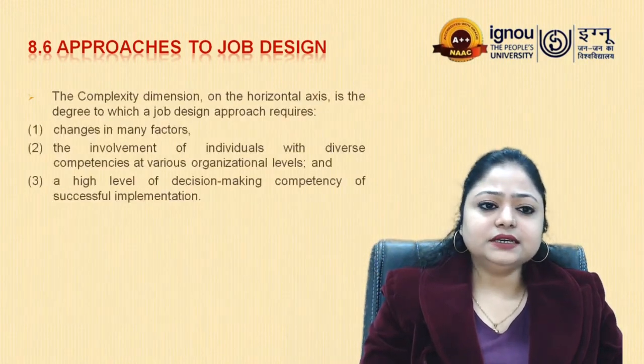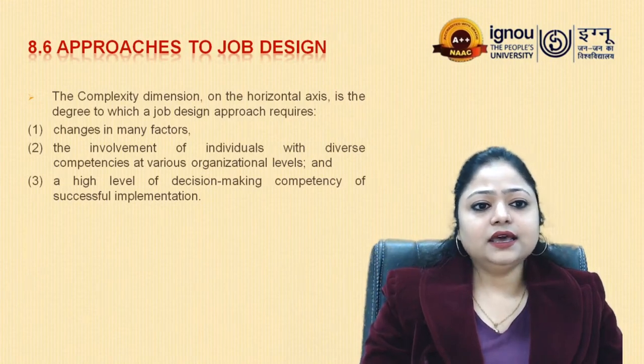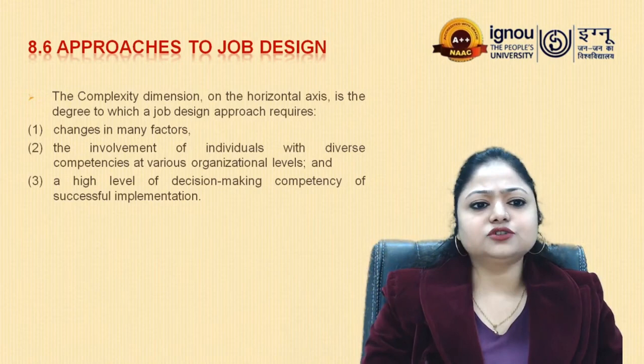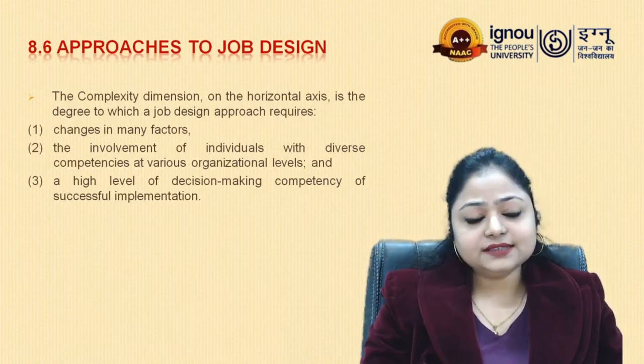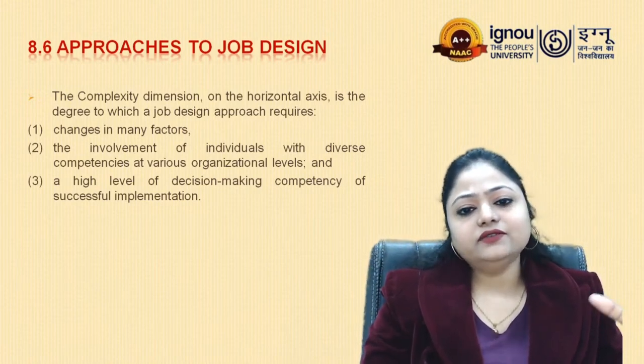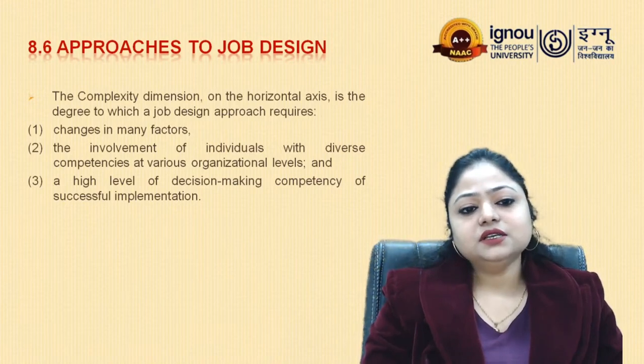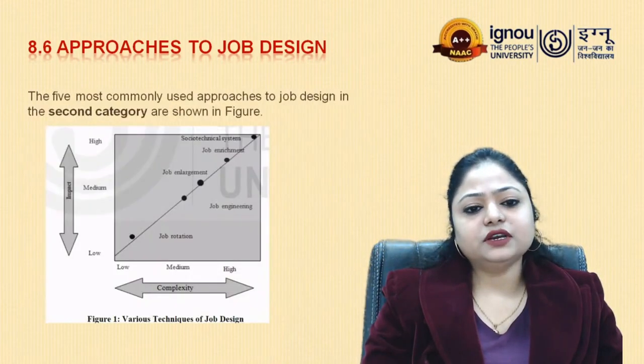Then the complexity dimension is there on the horizontal axis, and there are changes in many factors. Involvement of individuals with diverse competencies at various organizational levels is there. Then a high level of decision making competencies, successful implementation of work is there.